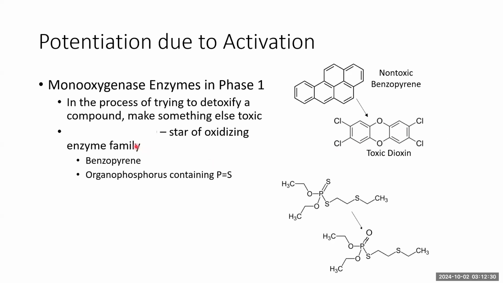All right. Within the monooxygenase enzyme group, there is a particular collection of monooxygenase enzymes that we have been introduced to before, but we're going to talk a little bit more now. And that is the cytochrome P450 family of monooxygenase enzymes.